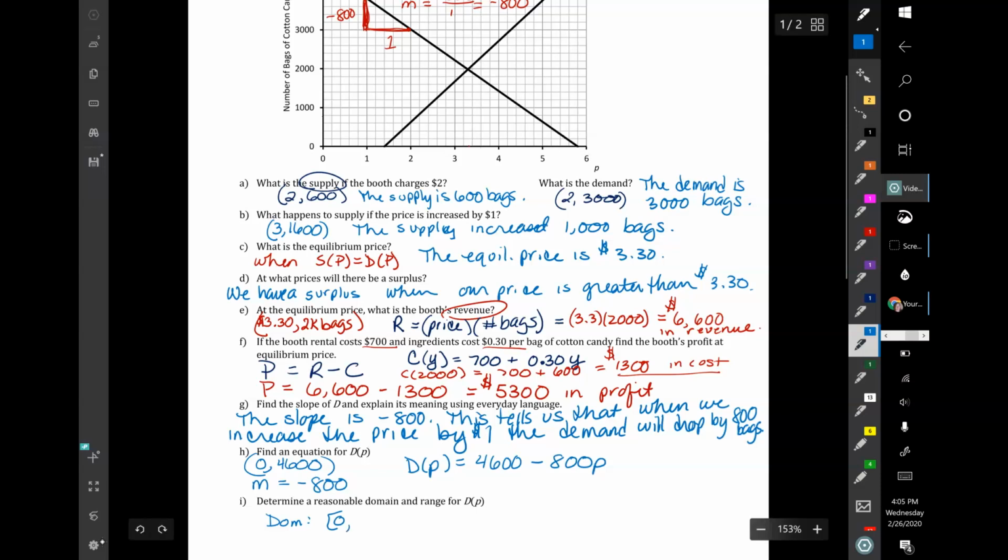And then we go all the way over, if we look back at the graph, and it hits 0 on the x-axis. That demand goes all the way down to hit the x-axis at about $5.80.